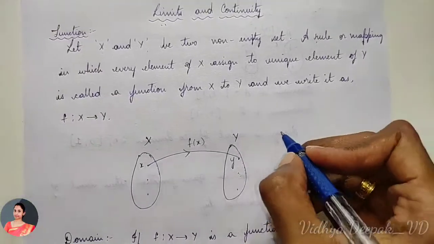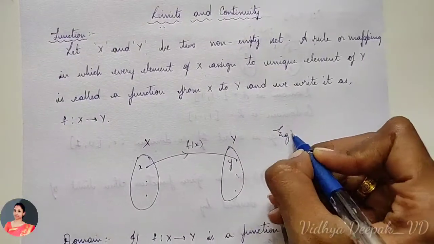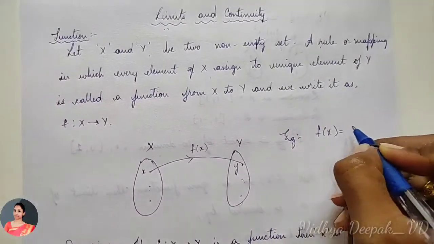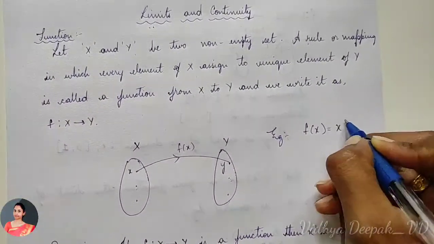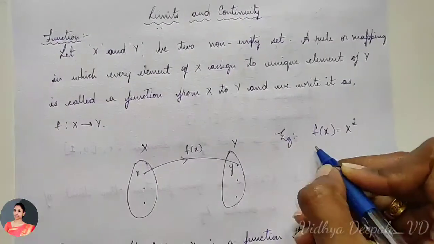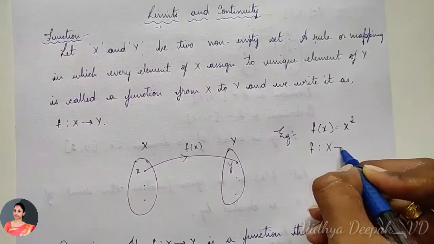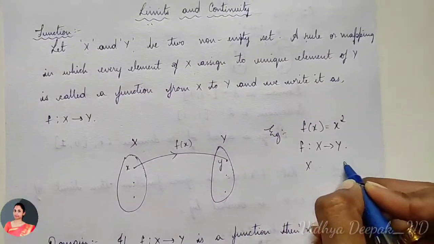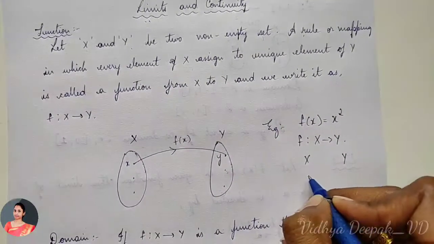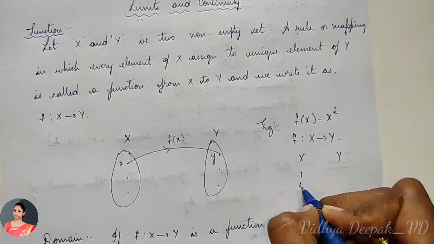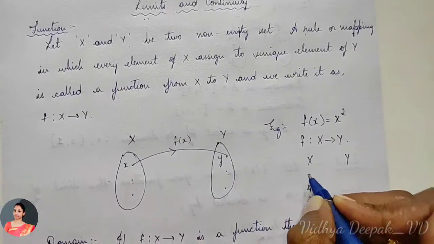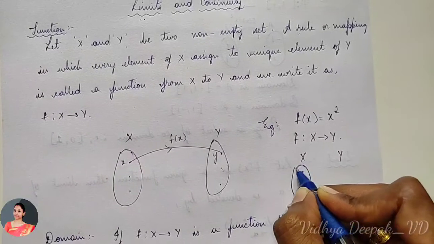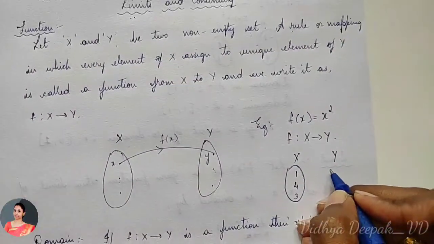So let's check out that example. Example: f of x is equal to x square, and we are having a mapping f from x to y. So what will be the elements of x and what will be the elements of y? The elements of x are given to be 1, 4 and 3. Now what will be the elements of y?